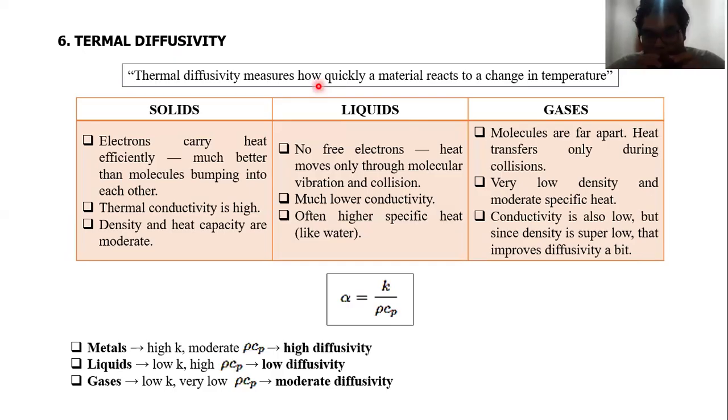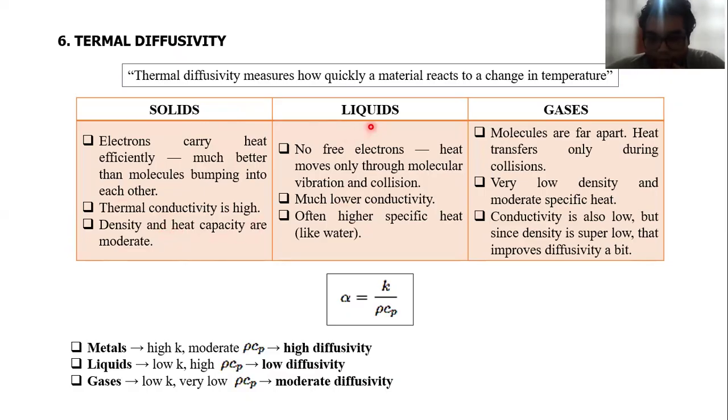In the solid, we have more attractive forces between the molecules. And another property is that the thermal conductivity is high. That is a consequence of the molecules being together. There is more conductivity, and as a consequence we have a high thermal conductivity, okay? And another characteristic of solids is that the density and heat capacity are moderate, okay?